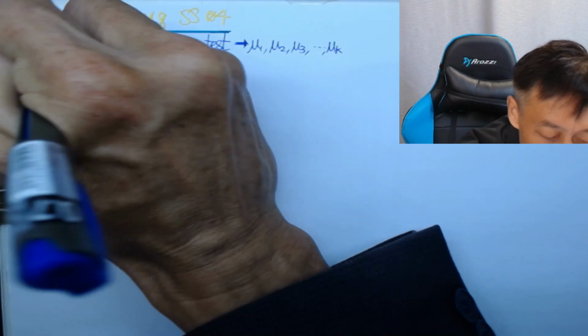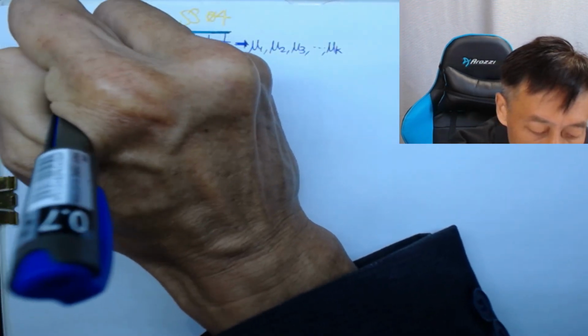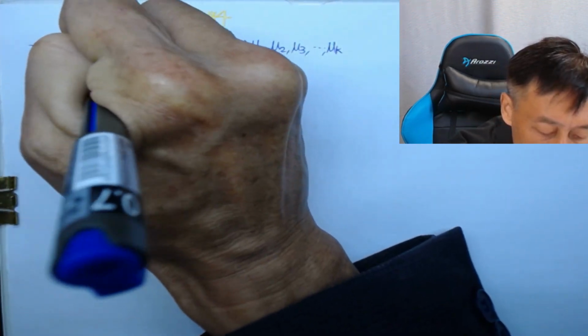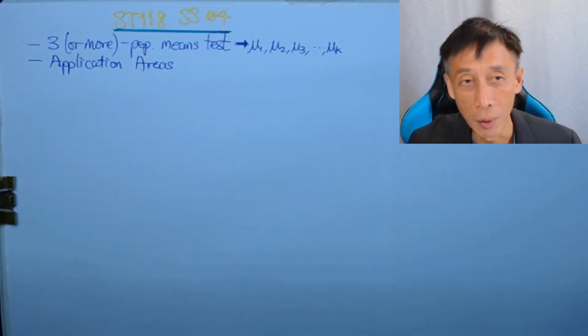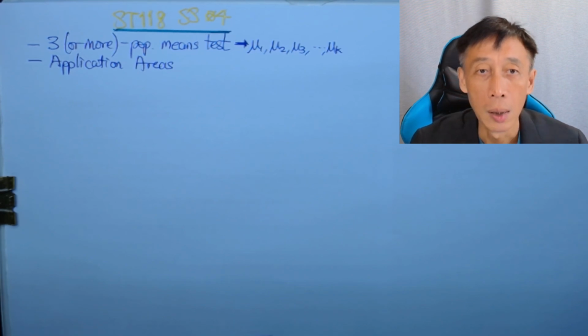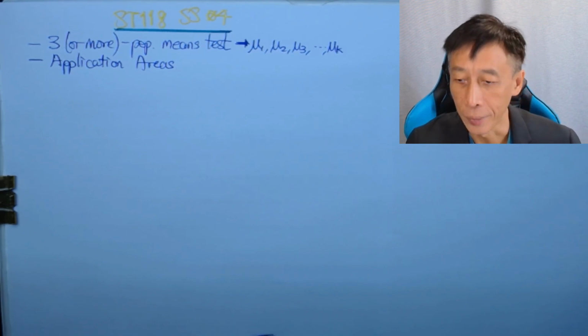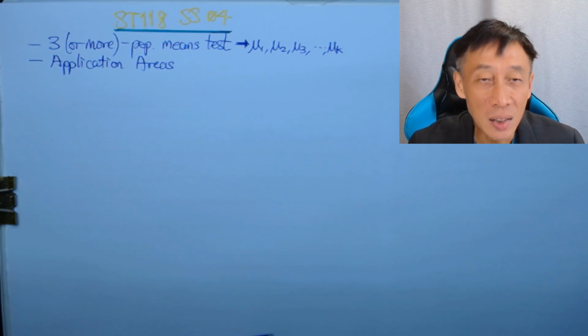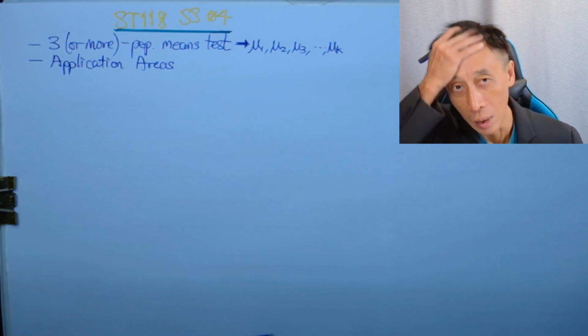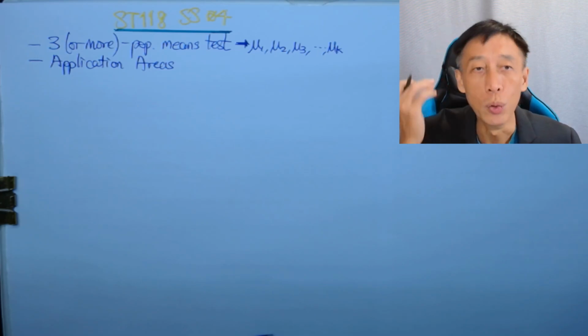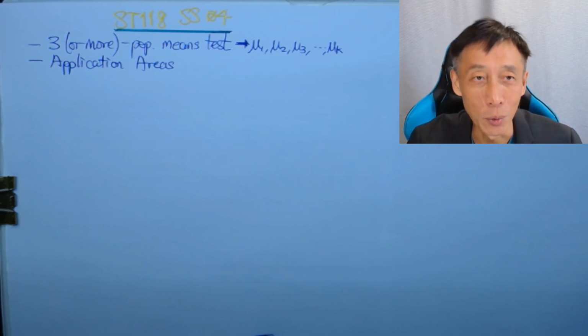And as usual, we like to spend a bit of time to talk about the application areas because this is more like the reverse of homework. For you to be really cashing out on the statistics skills and knowledge that you have learned from these video sessions, you put in the time to learn them, and I put in the time to teach you, to convey that information, that skill to you.